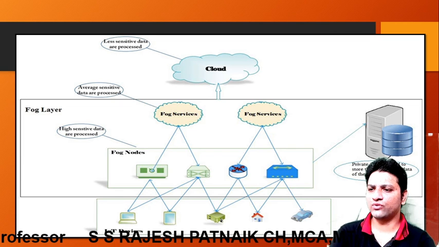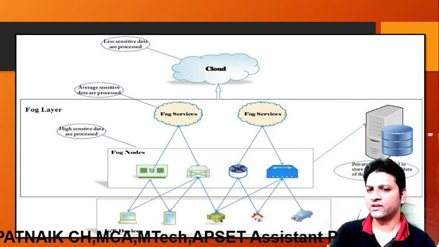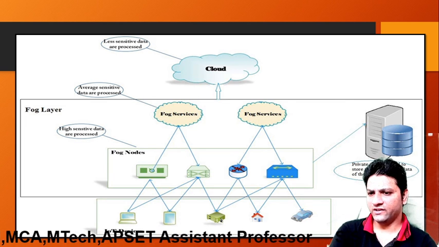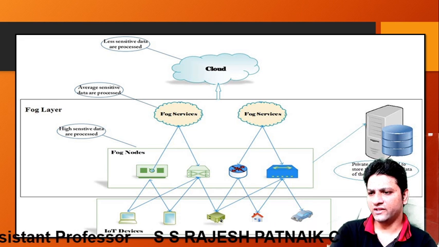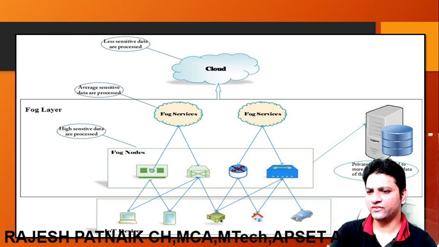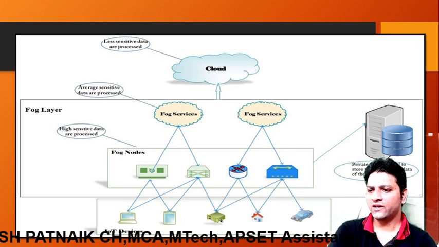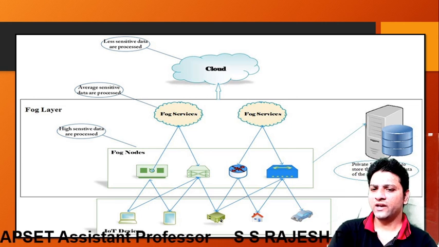In the examinations, you have to draw the diagram like this. Please go through that. So this is a cloud. There is a fog layer consisting of fog services. See here, fog nodes may be a router, switch, hub, etc., any type of nodes.